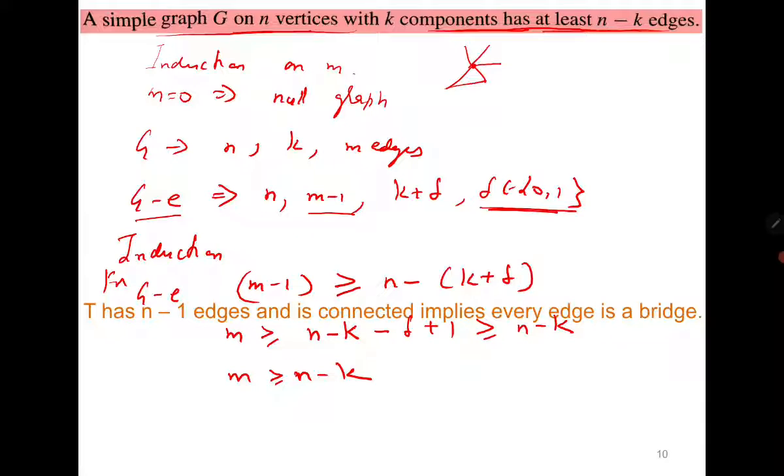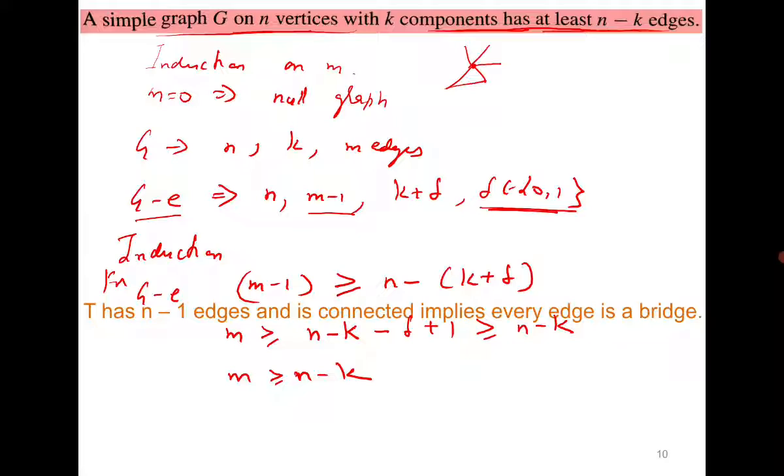So the above result says that a simple graph on n vertices with one component, which means a simple connected graph, has at least n minus 1 edges, and it is already given that T has n minus 1 edges. It means if you delete an edge, the graph becomes disconnected, which means that every edge is a bridge.